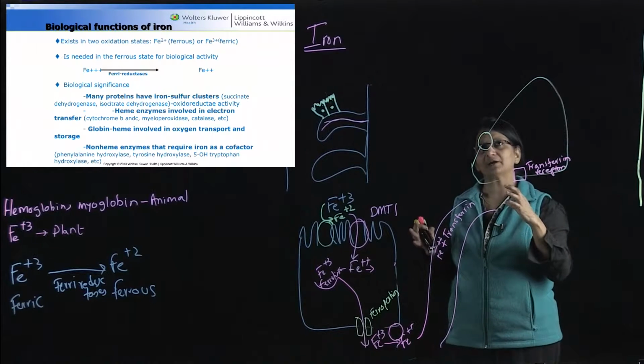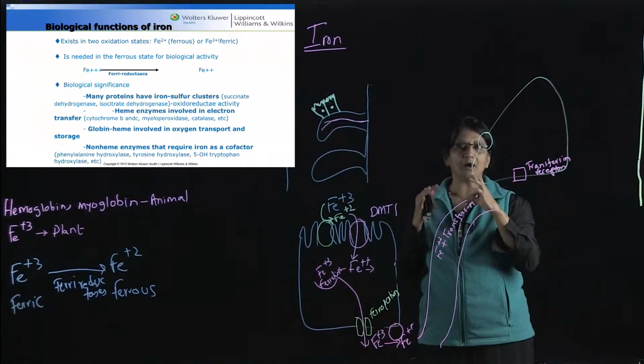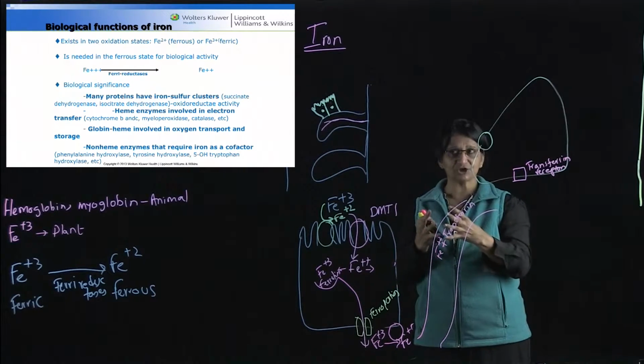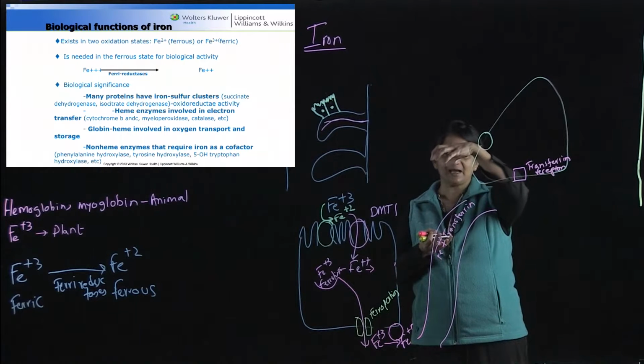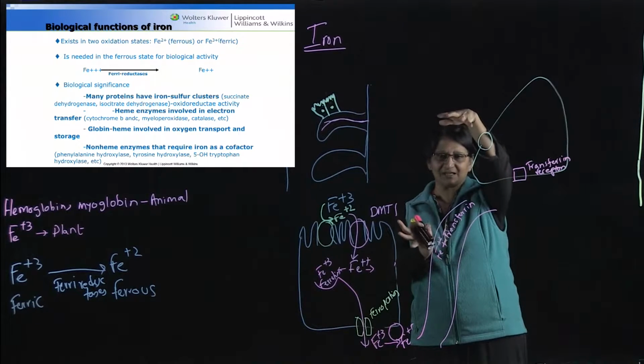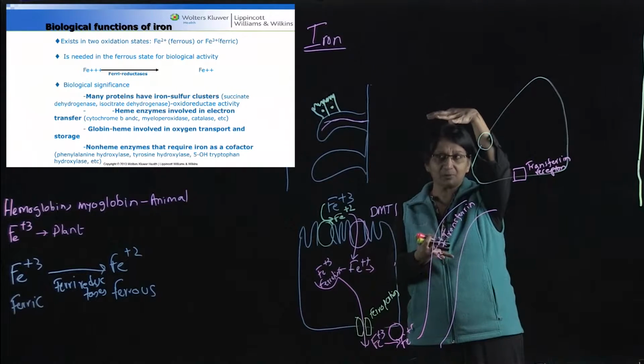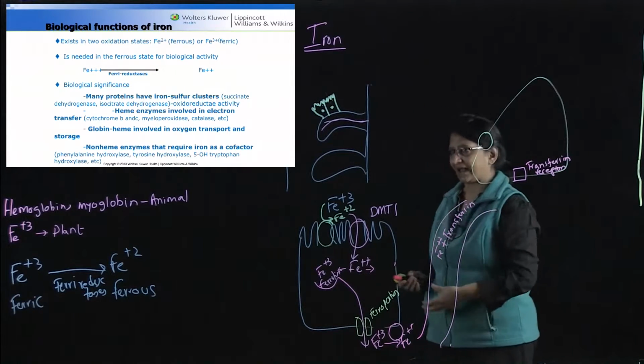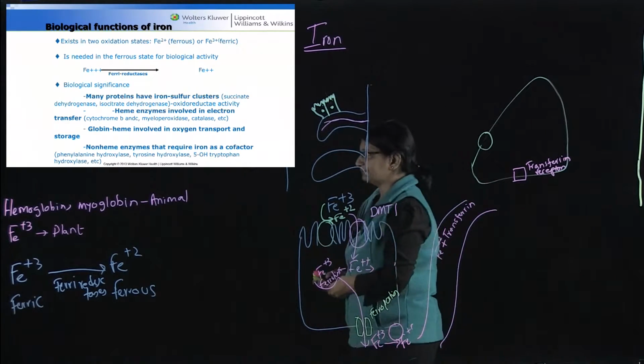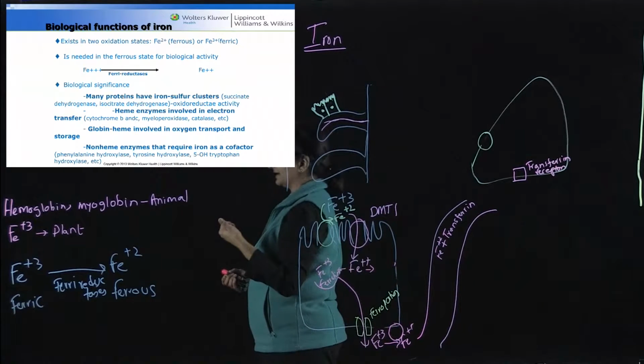Whenever we talk about iron being a part of the protein structure, the idea is that it is held in such a way that gives that conformation to that protein so that the protein can then function properly. So that's one way in which iron is important.